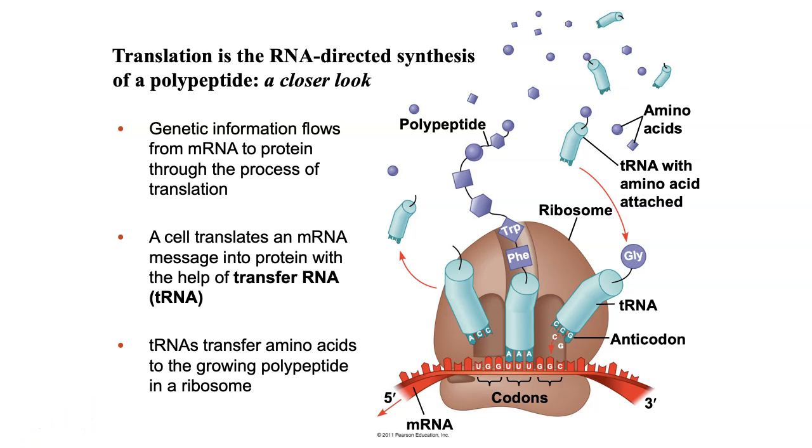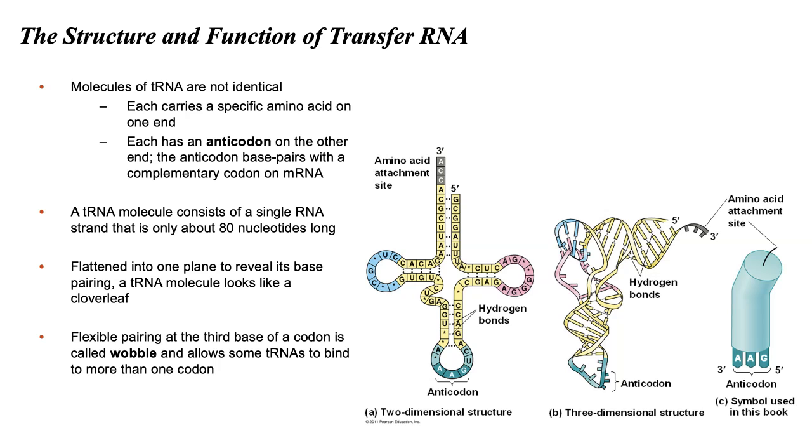Let's go deeper into tRNA. So again, tRNA stands for transfer RNA because its job is to transfer an amino acid onto the protein that we're trying to create. So take a look at the tRNA here. Notice that you see it drawn a couple of ways. It's kind of drawn in this cross-shaped T, but notice that it is one strand.